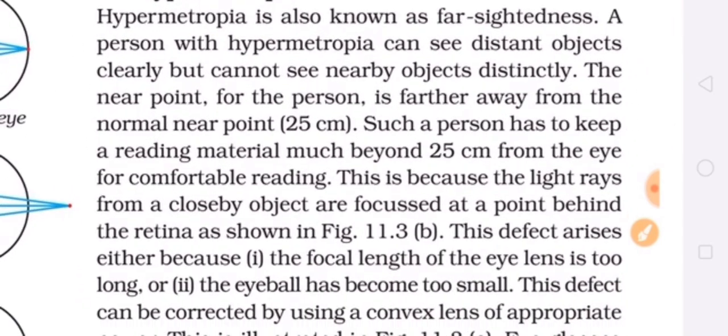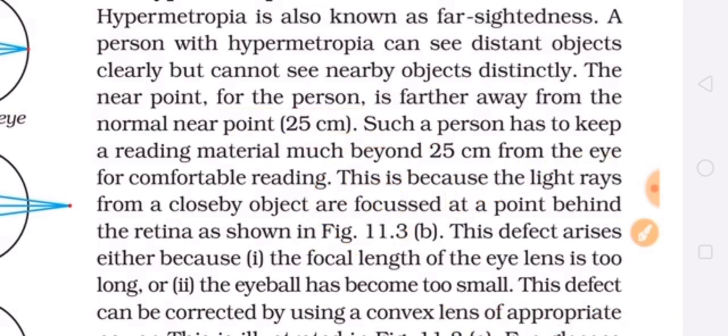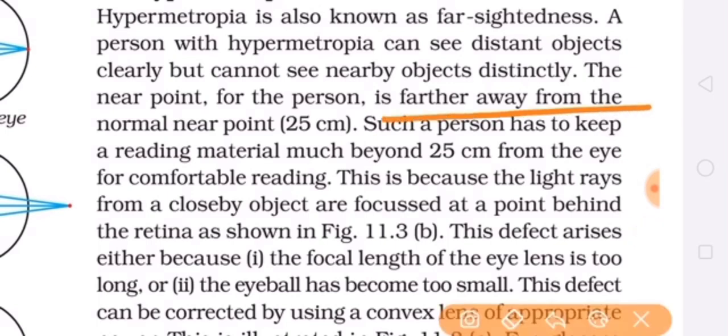Now such a person has the near point away from the normal near point. What is the normal near point? That is 25 centimeter, the minimum distance at which the normal eye can see clearly. But if the person is suffering from hypermetropia, the near point will become farther than 25 centimeter.